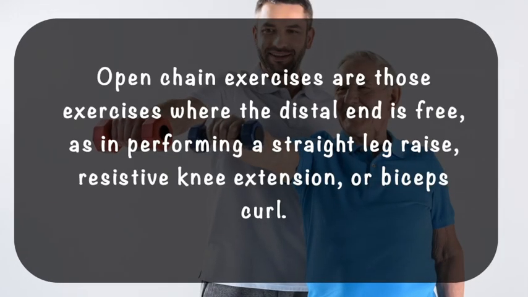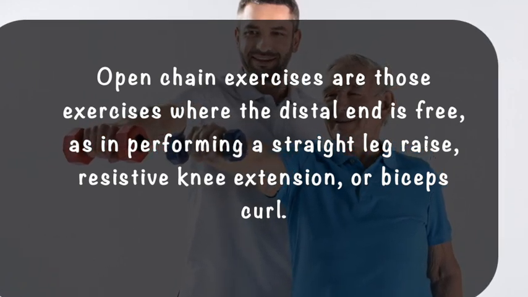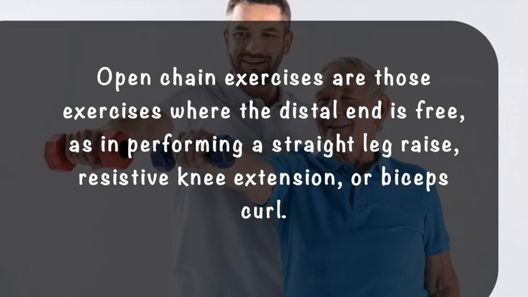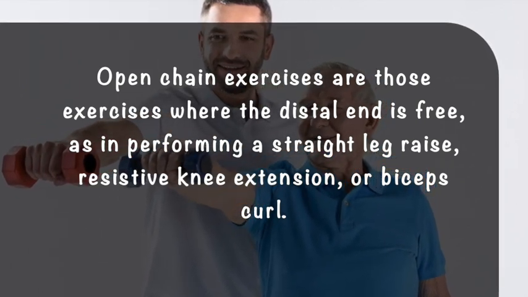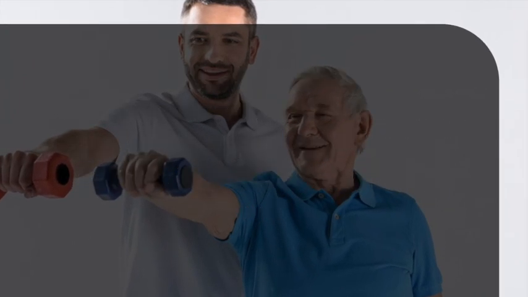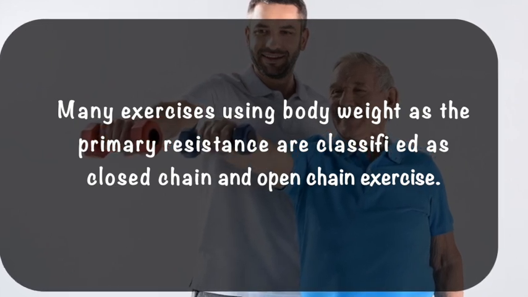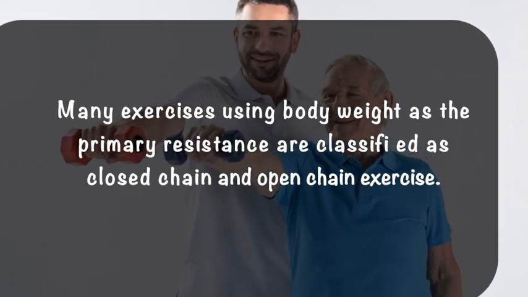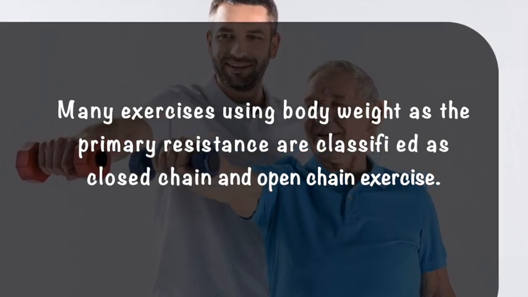While open chain exercises are those exercises where the distal end is free. For example, while performing straight leg raise, resistive knee extension in high sitting, or doing bicep curls. Many exercises using body weight as a primary resistance are classified as closed chain or open chain exercises.